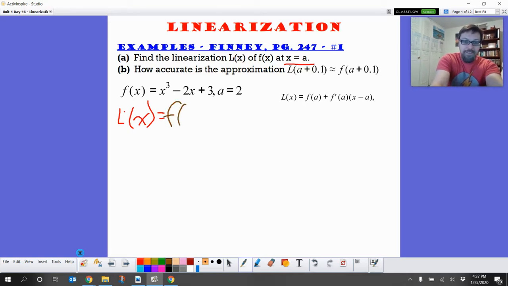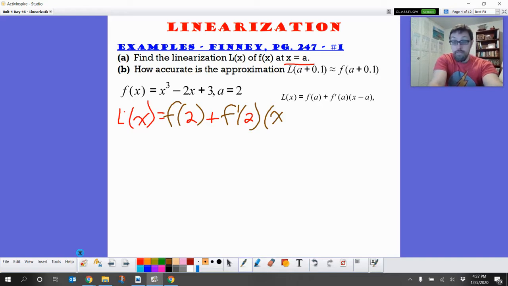So we want to do f of 2 plus f prime of 2, because we need to do f prime of a, and in this case our a value is 2. This is going to be multiplied by x, that's always just going to be an x, and then our a value one more time, which in this case is 2.